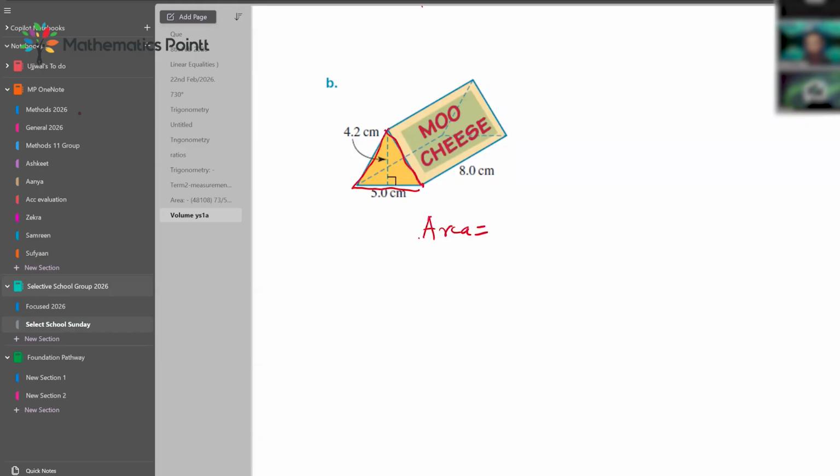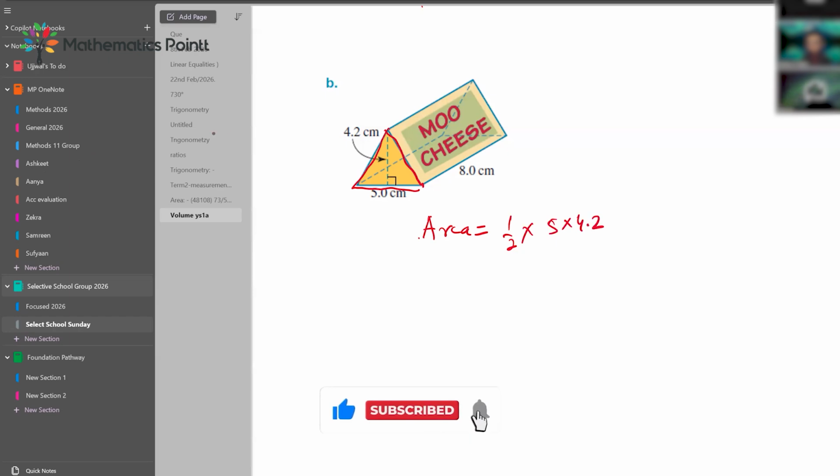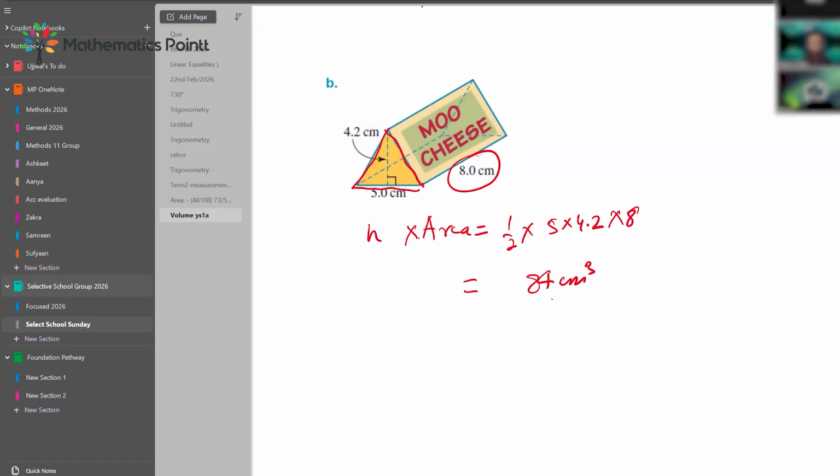What is the area of triangle? Half. Base is 5 and height is 4.2. And you multiply it with the height of the cheese block, which is 8. So when you solve all of that, you will get 84 centimeter cube.